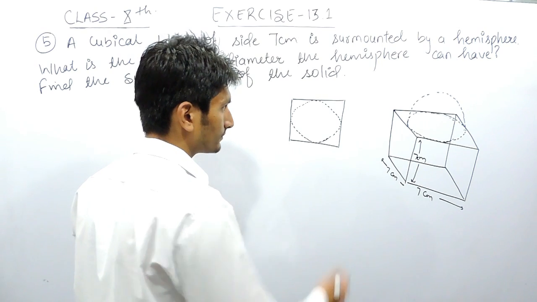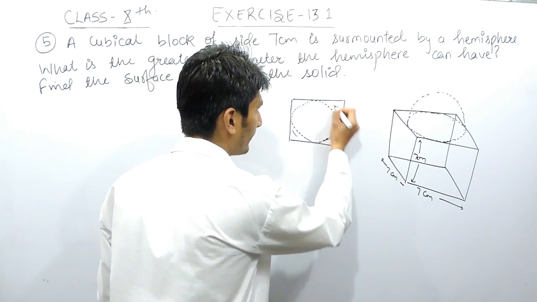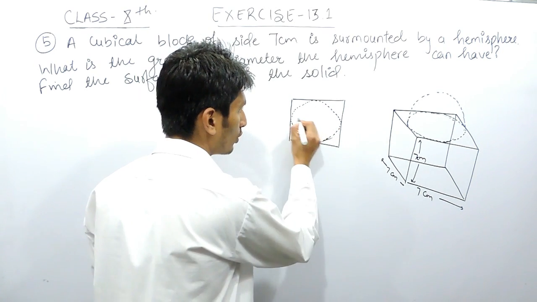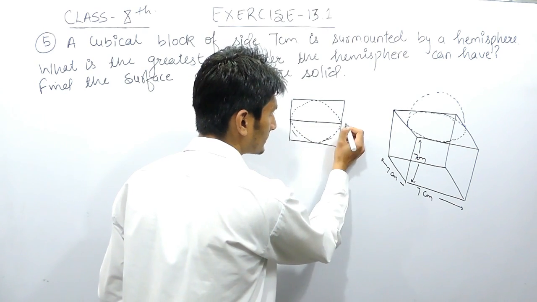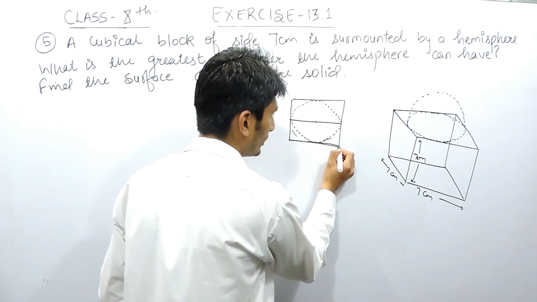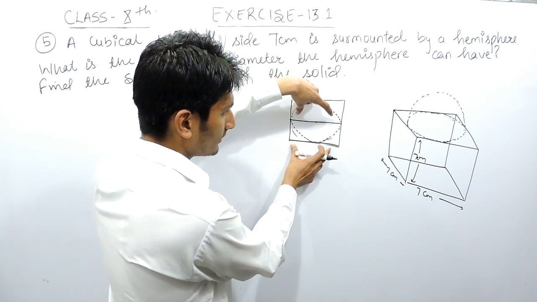Because this will be the base of the hemisphere, obviously the diameter will be equal to the side of this face, or you can say the side of this cube.